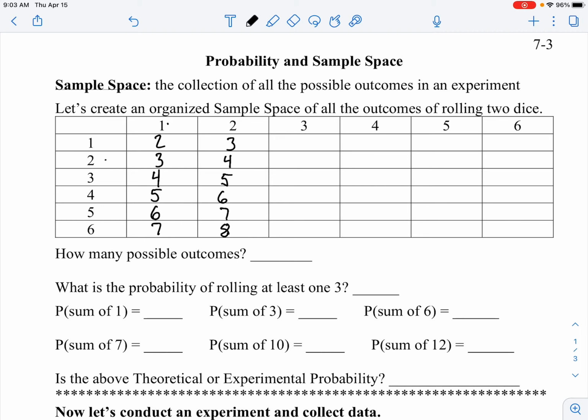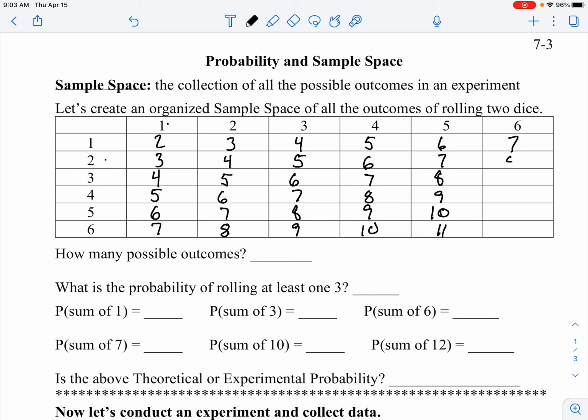And then we can just kind of see what's happening here with our table. We see a little pattern start to emerge too. So 3 plus 1 is 4, 3 plus 2 is 5, 6, 7, 8, and 9. Then we've got 4 and 1 is 5, and pretty easy to keep going from there. 8, 9, and 10, and 5 and 1 is 6, and 7, and 8, and 9, and 10, and 11.